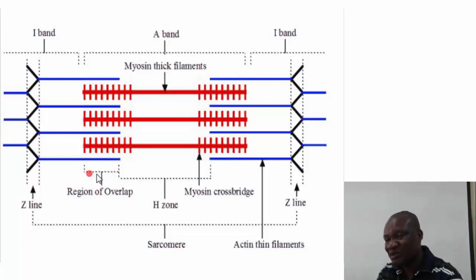It's a region of overlap between thin and thick filaments. In the region of the A band where there is no overlap between the thick and thin filaments, there's a lighter shaded region, and this is called the H zone.